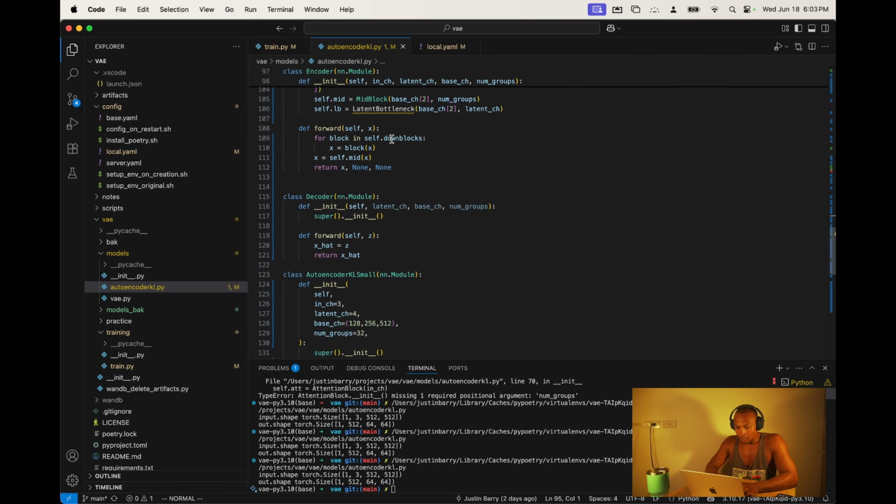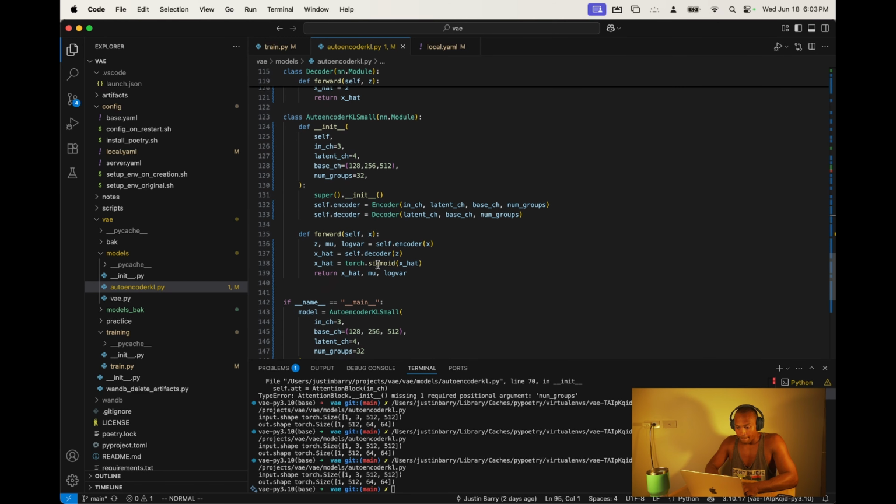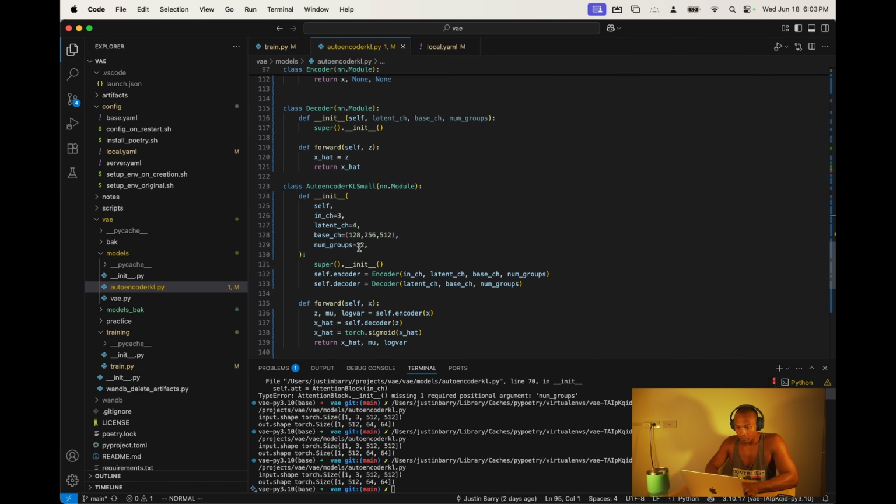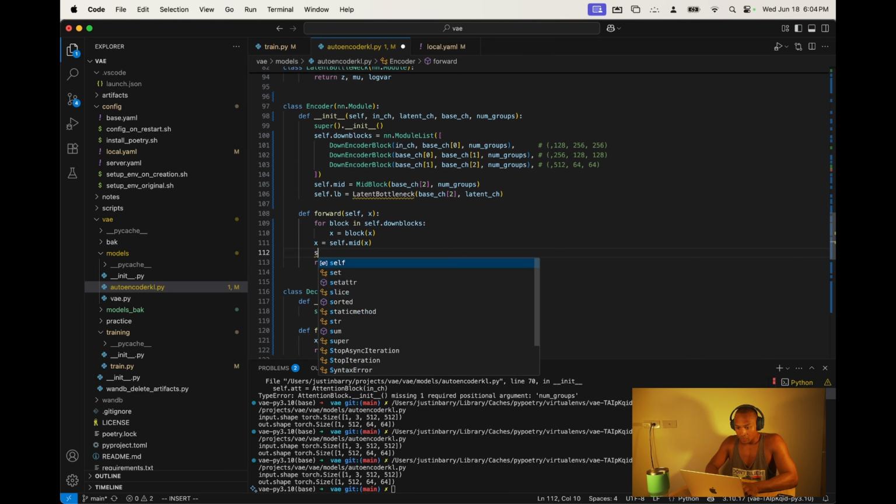And then X receives self dot latent C mu.